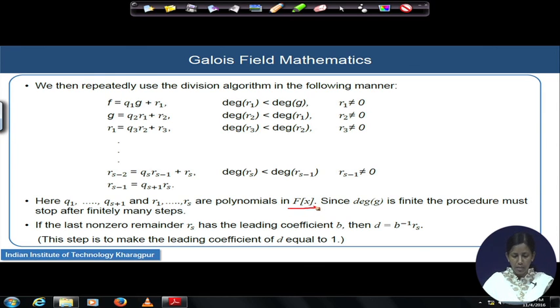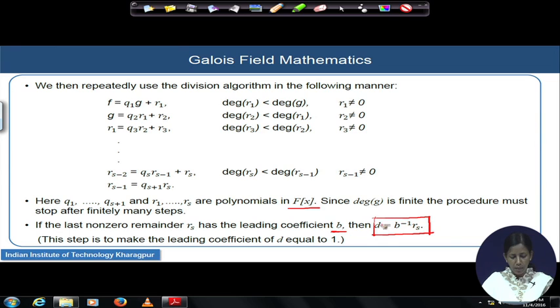Since the degree of g is a finite number, with a finite number of steps this division algorithm should stop. If the last non-zero remainder, this rs that you are getting, has a leading coefficient, say b, then we can write that the greatest common divisor d will be equal to b to the power minus 1 into rs.